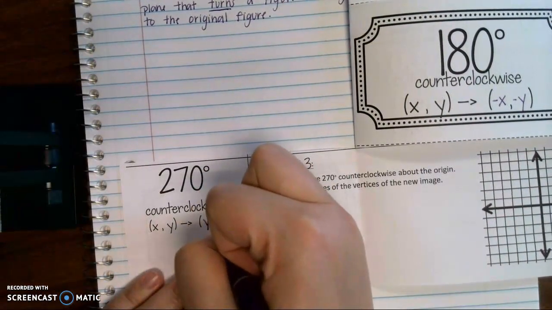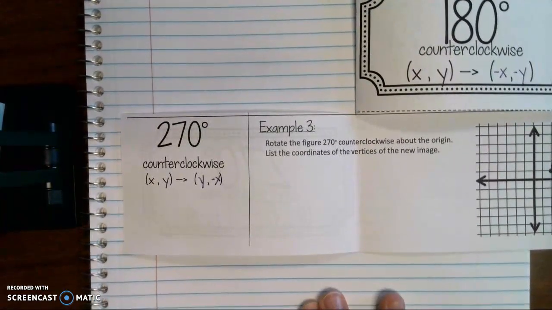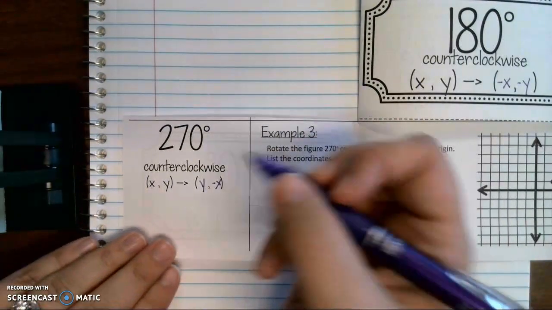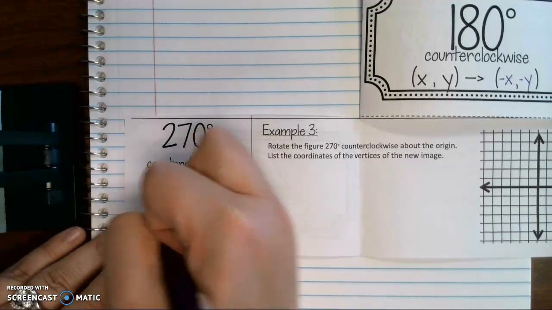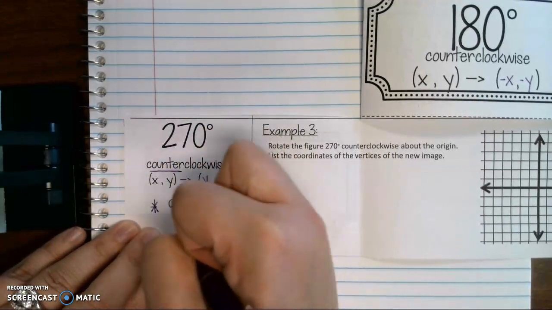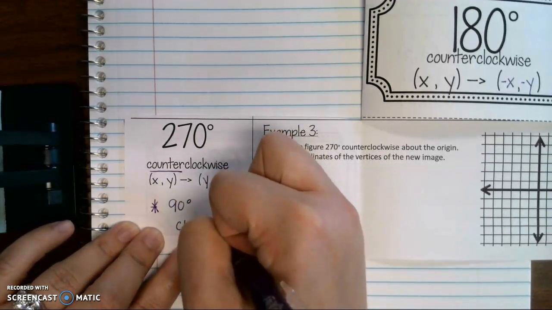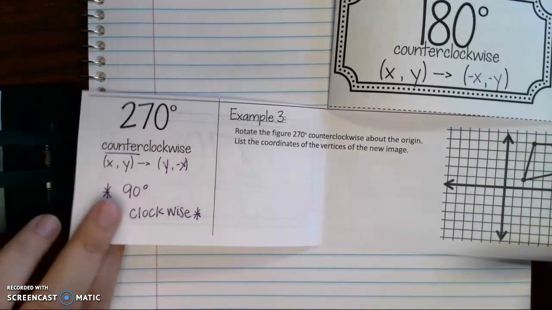Perfect. 270 degrees counterclockwise is the same thing as 90 degrees clockwise. Sometimes it'll be given to you as clockwise, sometimes it'll be counterclockwise. So, it does vary back and forth.